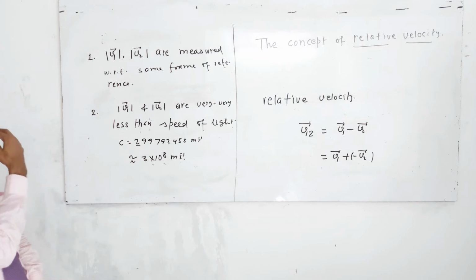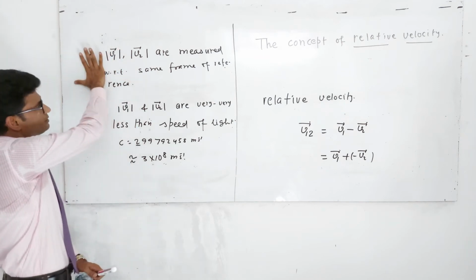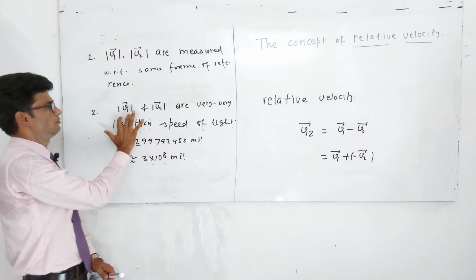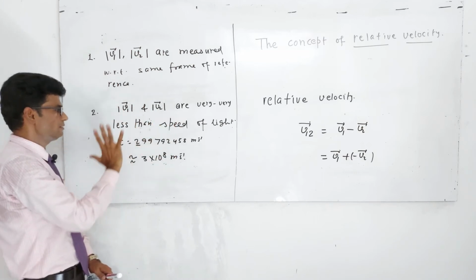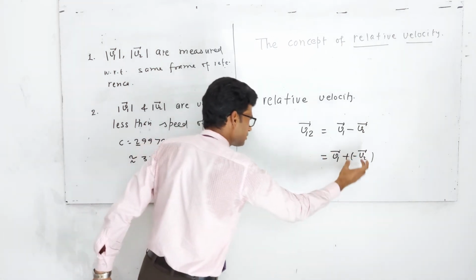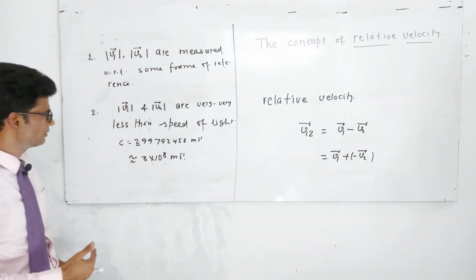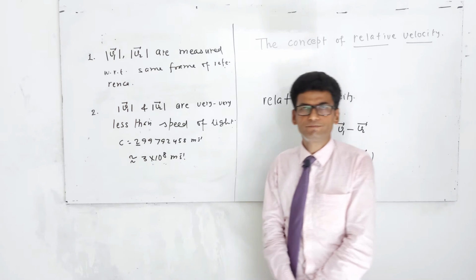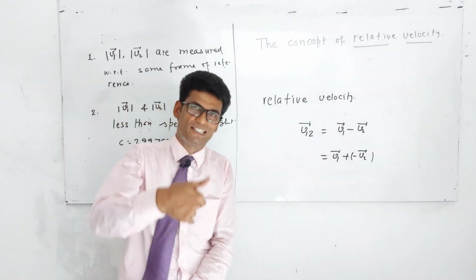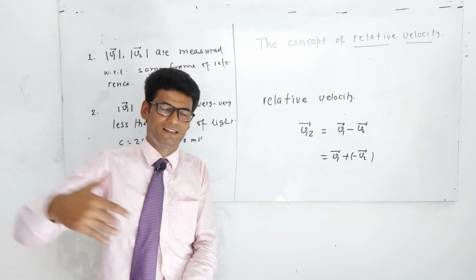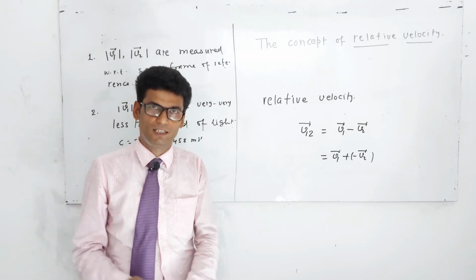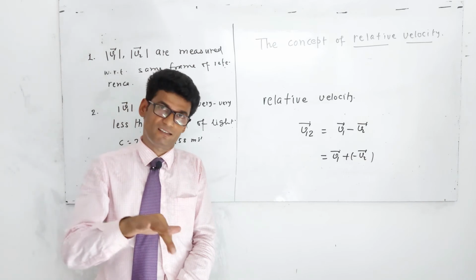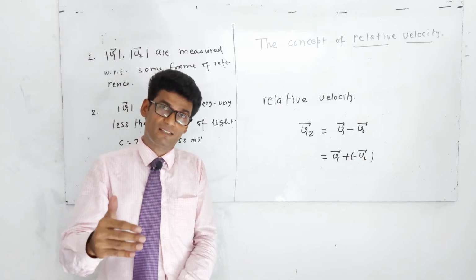But this condition is required: if mod v1 and mod v2 are very much less than the speed of light, then you may use this result. If mod v1 and mod v2 are comparable to the speed of light, say 0.5c, 0.6c, 0.7c, 0.8c, etc. One cannot take c or greater than c as per Einstein, because c is known as the Einstein limit.